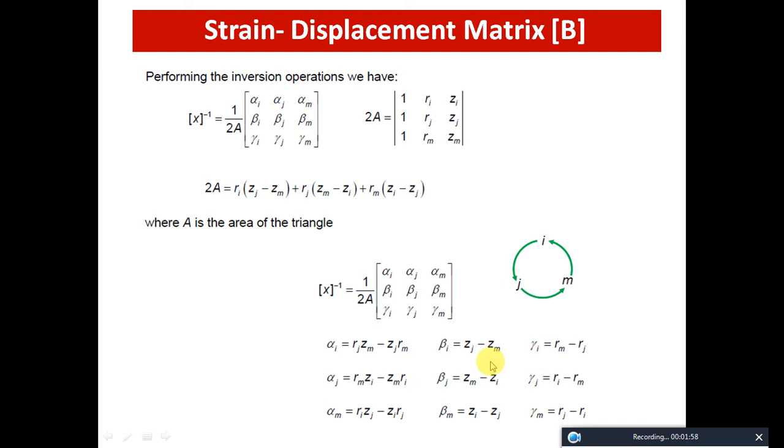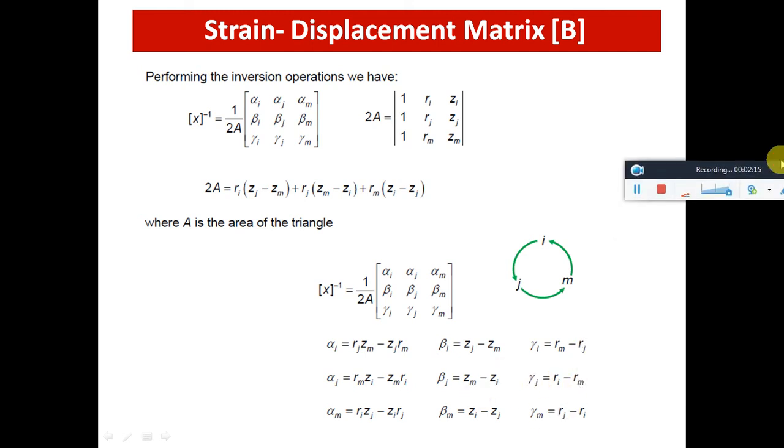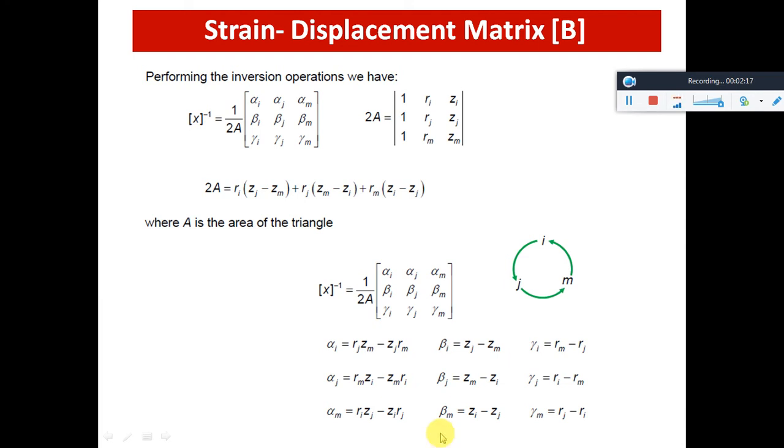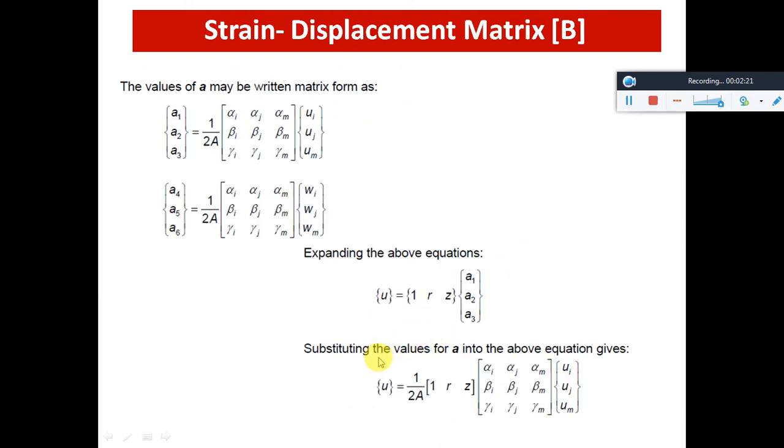In finding this gamma i, you are going to replace this z by r, and also reverse this order. Here zj minus zm, rm minus rj. Here zm minus zi, here ri minus rm. That's it. This we have already explained in the CST element. The same procedure you just follow here also. Only thing is you are going to replace the x and y by r and z.